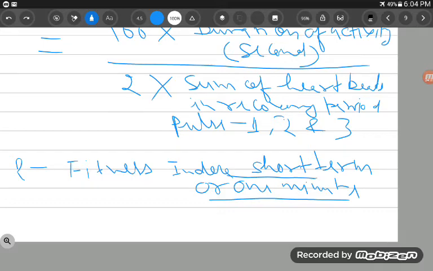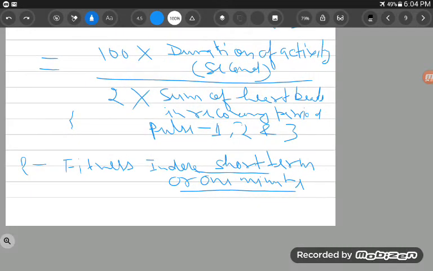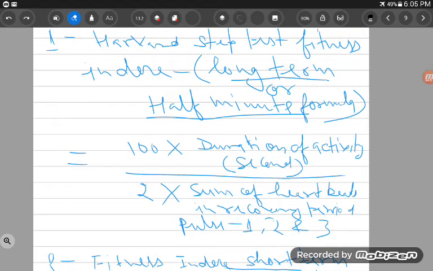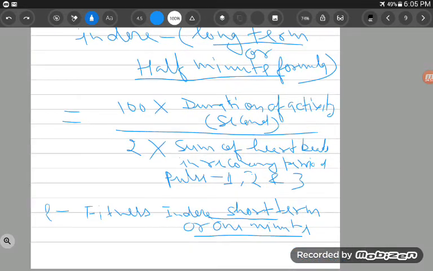In the first formula, see here, half minute formula or the long term. Second is short term or 1 minute.